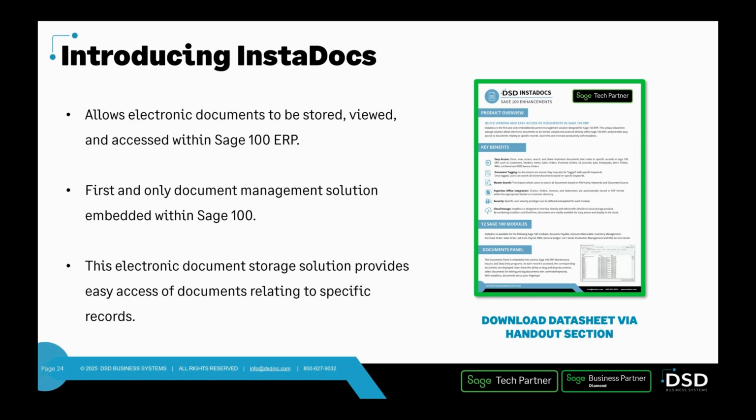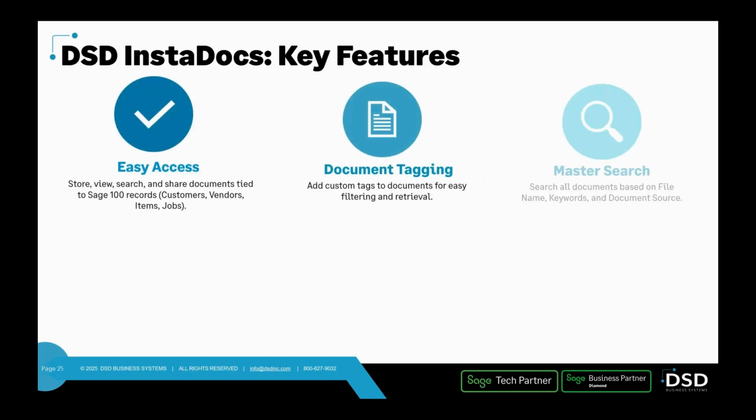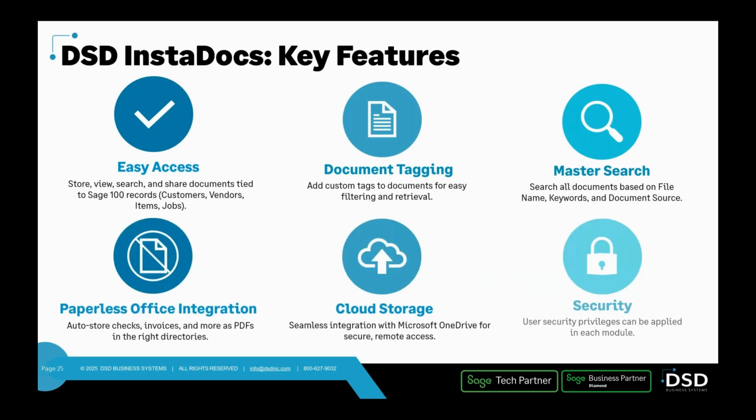There's 6 core features of InstaDocs. The first is easy access. So as mentioned, being able to view the documents that are out on the network, right? What we found is most users have directories already created on their network for their customers. So they'll have a subdirectory for each customer that they store those documents.